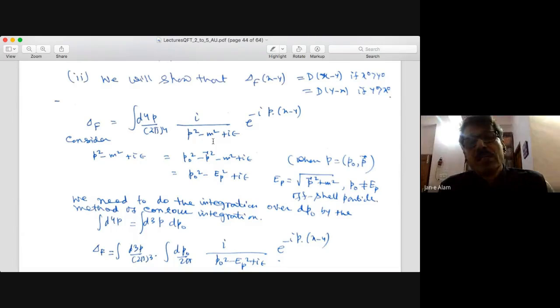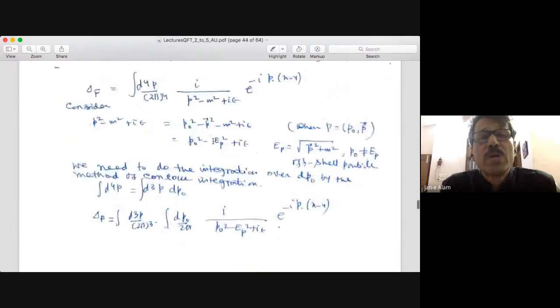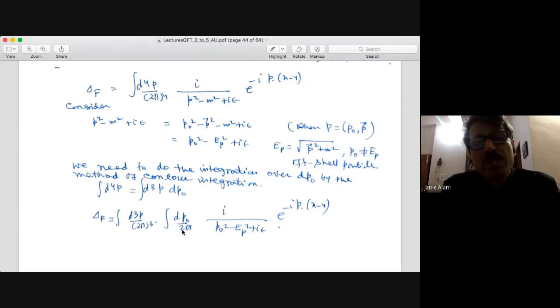But here we are talking about the bare mass, and what the renormalized or physical mass is will come later in due course. Right now, I have written this d4p integration in terms of a three-momentum integral times this dp0 integration, with the denominator p0 square minus Ep square plus i epsilon.